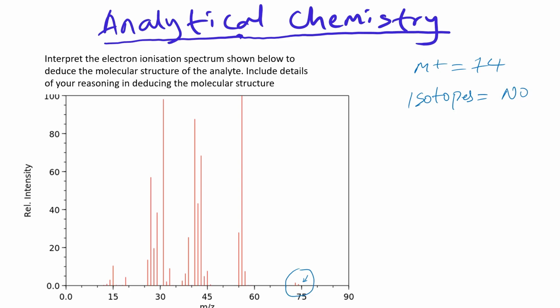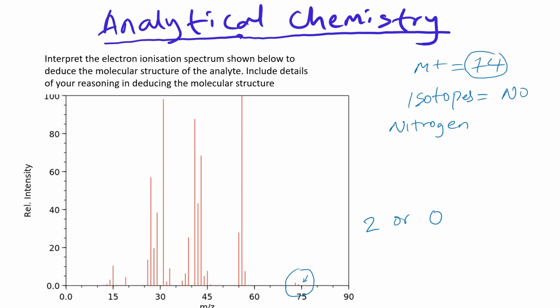Next thing is nitrogen. Let's use our nitrogen rule to see if the analyte contains nitrogen. Using the rule, if we have an even molecular ion, which is 74, it either contains 2 nitrogen or 0 nitrogen.